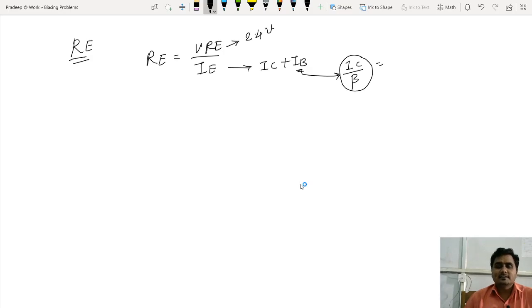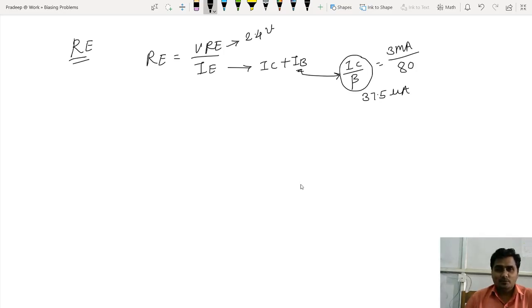IC is 3 milliamperes and beta is 80. So 3 milliamperes divided by 80 gives 37.5 microamperes.